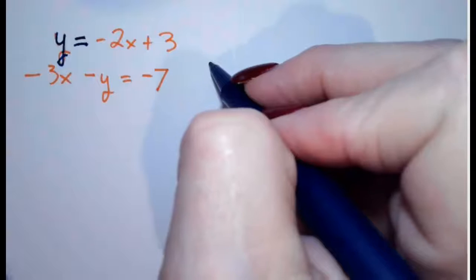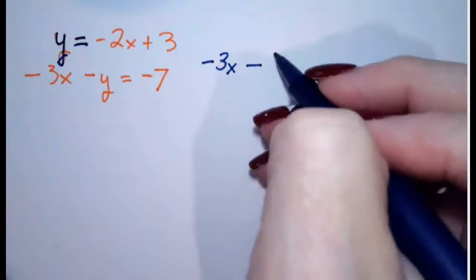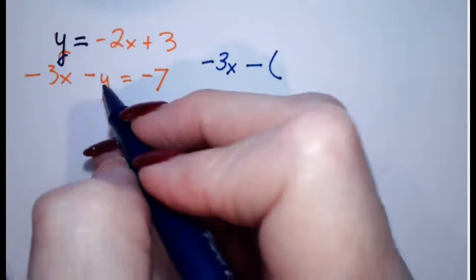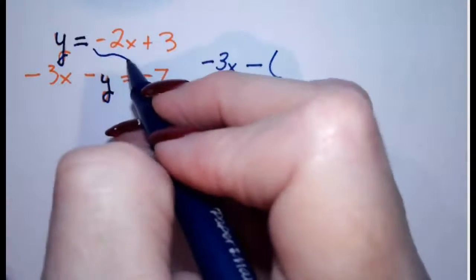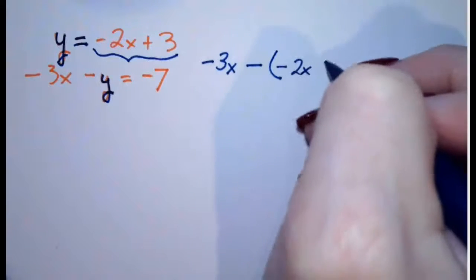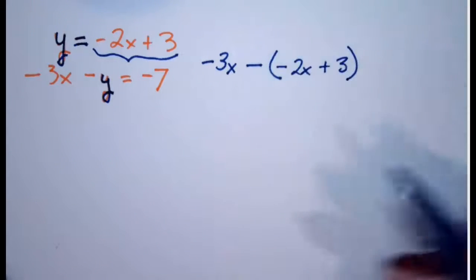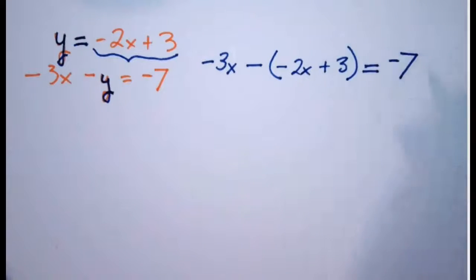All right, so let's start building our new equation. Negative 3x minus, now what am I going to put instead of y? I'm going to put all of this stuff that is the same thing as y. So negative 2x plus 3, and then I'm going to close it up, equals negative 7.